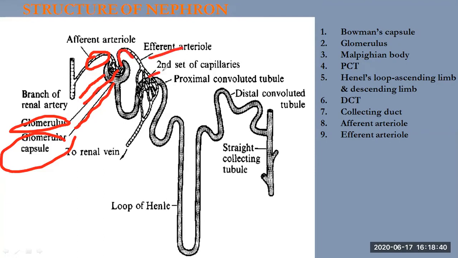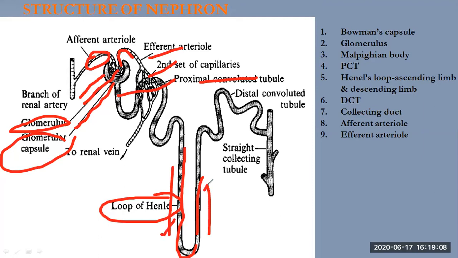Then there is a second set of capillaries, and the region of the tubule found near the Bowman capsule is called the PCT, proximal convoluted tubule. This U-shaped structure is the loop of Henle, which, as I already told you, is involved in the counter current mechanism. This is the descending loop of Henle and this is the ascending loop of Henle.